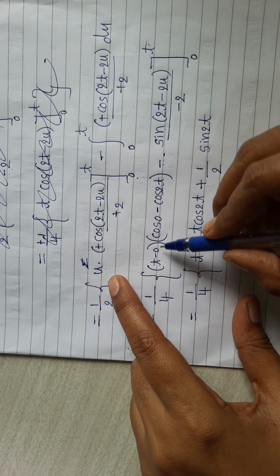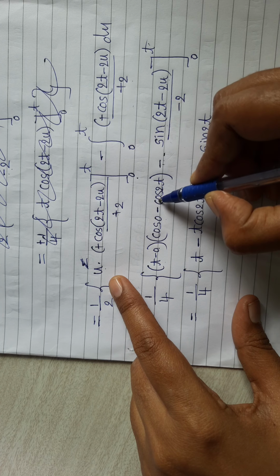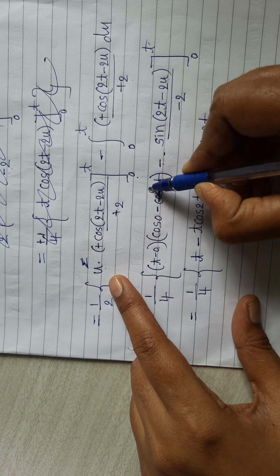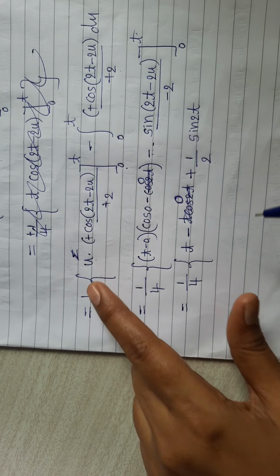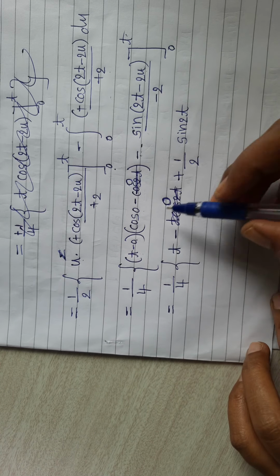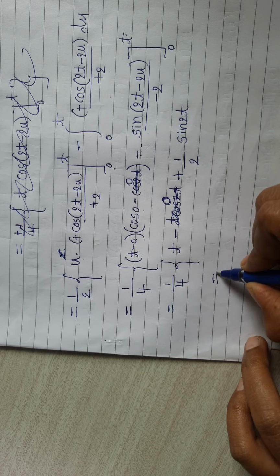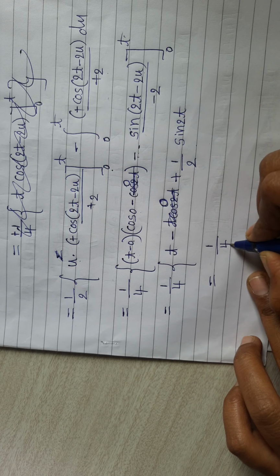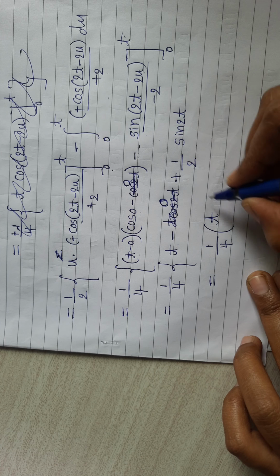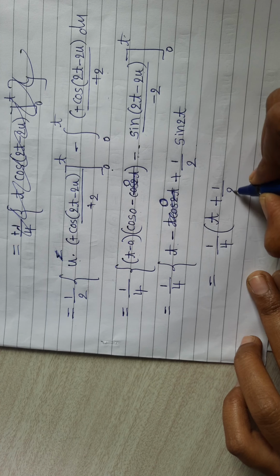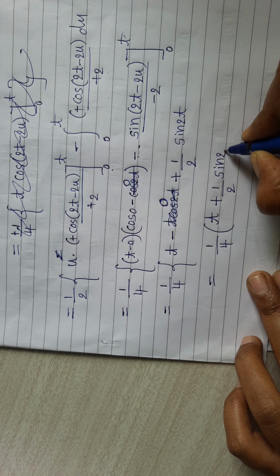Here 0 into this term will be 0. Sorry, it will get cancelled. So we are getting the answer as 1 by 4 times t and this plus 1 by 2 sine 2t.